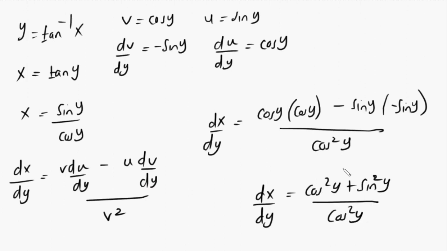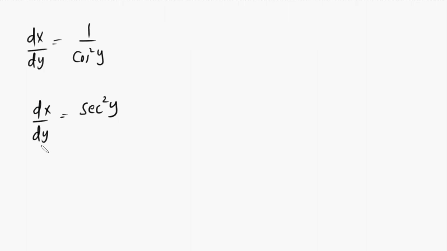Hii jumlisha hii ni moja. Kwa hiyo dx dy is just equal to 1 over cos squared y. Kwa hiyo dx dy ni sasa tu na sec squared y. Lakini kumbuka nilikuwa natafuta dy dx, sio dx dy, kwa hiyo na reciprocate kote.